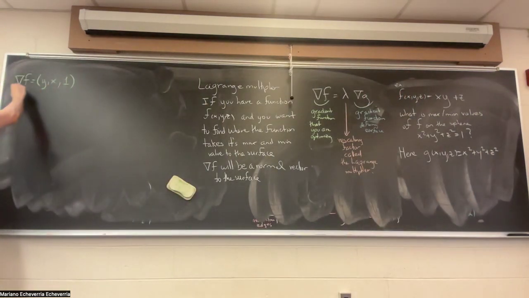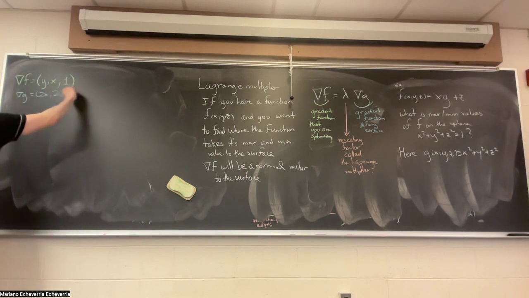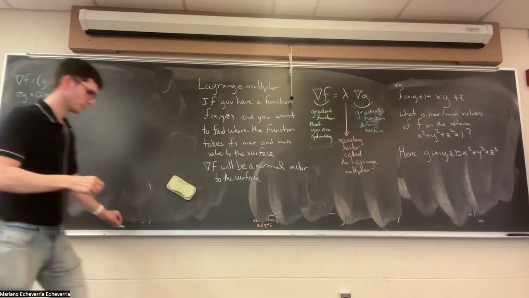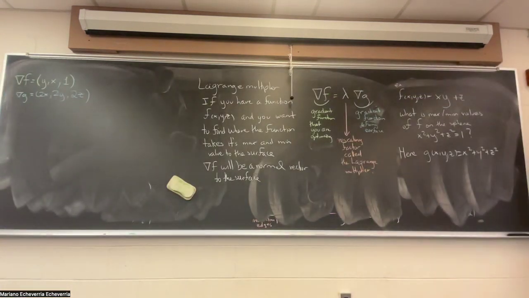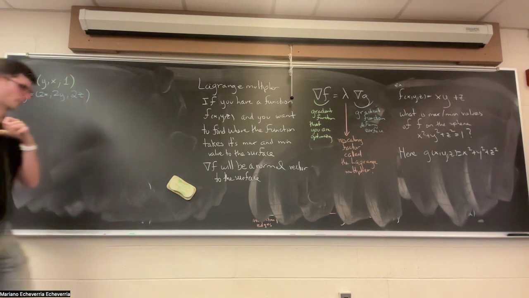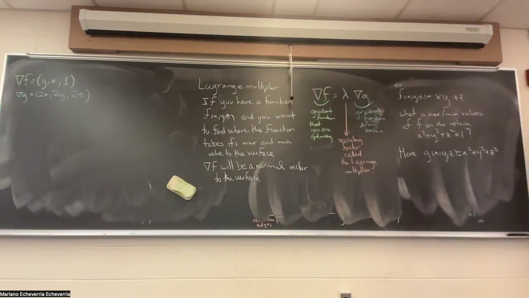The gradient of g is 2x, 2y, 2z. We want these two gradients to be parallel; they don't need to be exactly the same.